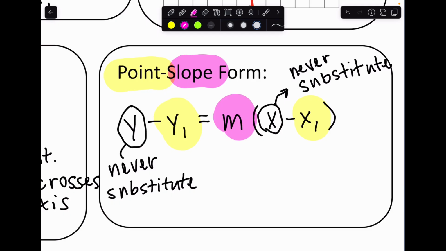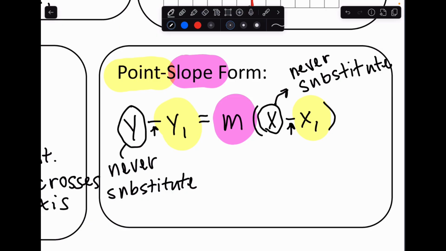Now, the weird thing about point-slope form is because we have this subtraction symbol, right? This one and this one. Every time we see a negative number for our x1 or our y1, we know that the point is positive, okay? We know that the y or the x coordinate in the point is positive.